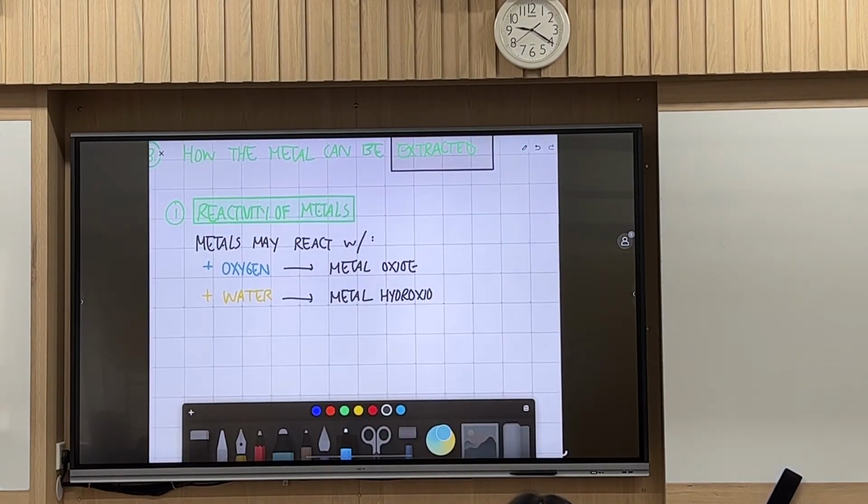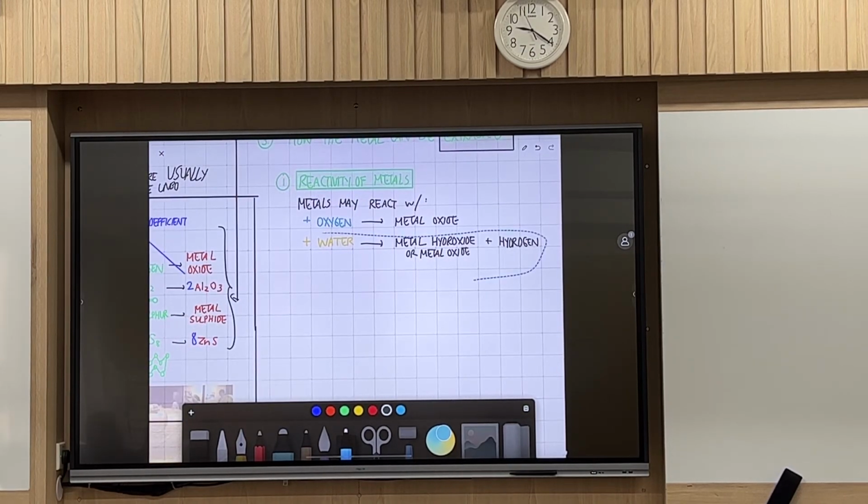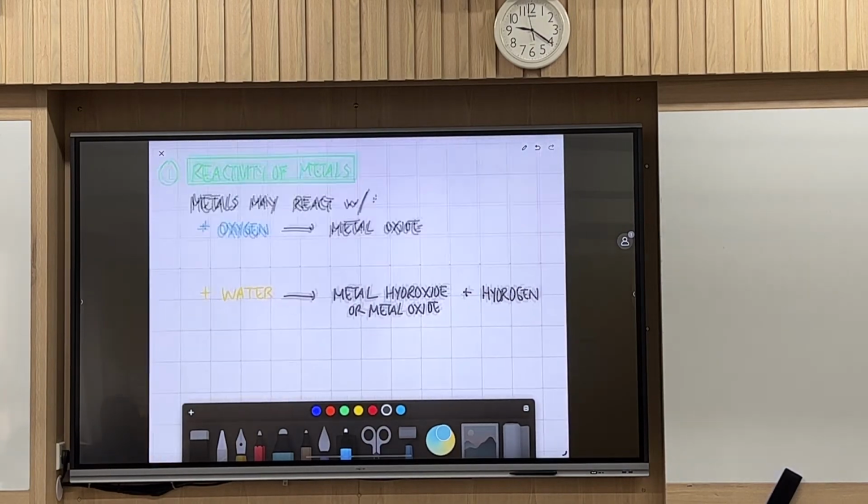So when metals react with water, they will form metal hydroxide with hydrogen, or metal oxide with hydrogen. I know you are confused, so write down an equation, please.